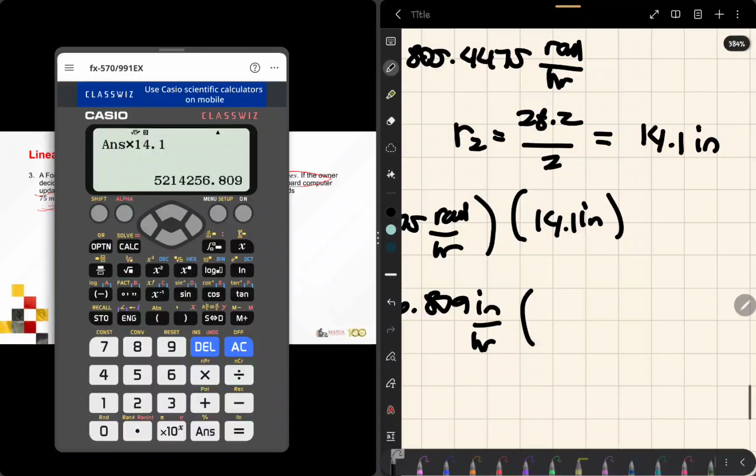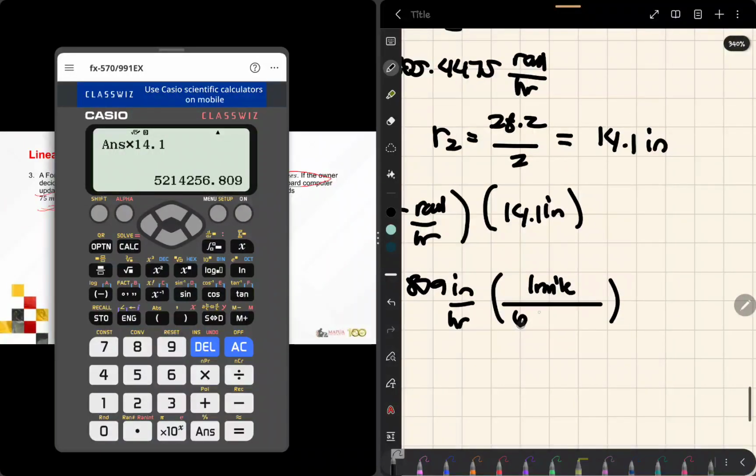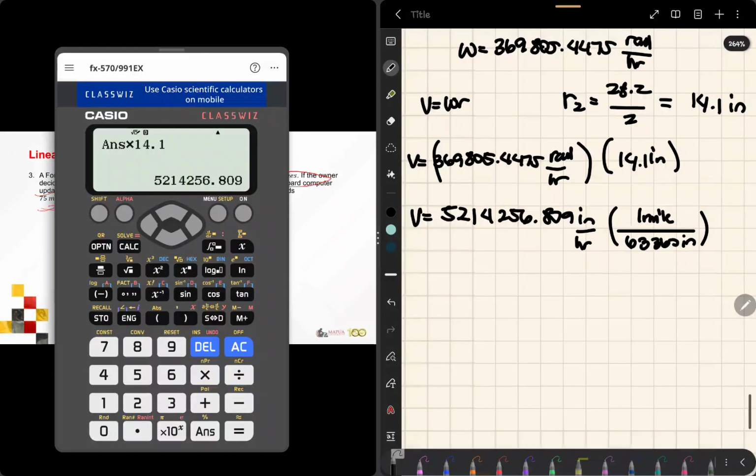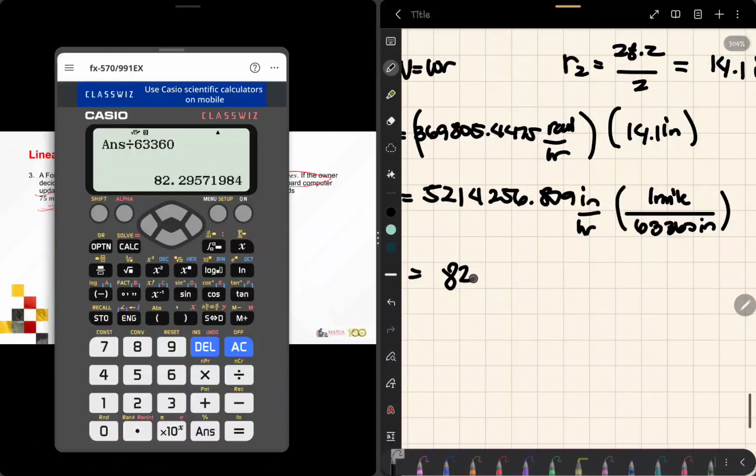Again, for every 1 mile, we have 63,360 inches. So let us divide this given answer, 5,214,256, by 63,360, and we will get that our speed in miles per hour is 82.30 miles per hour.